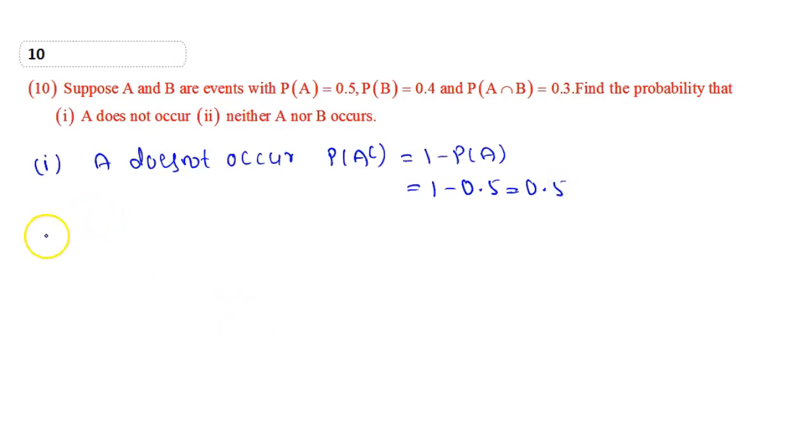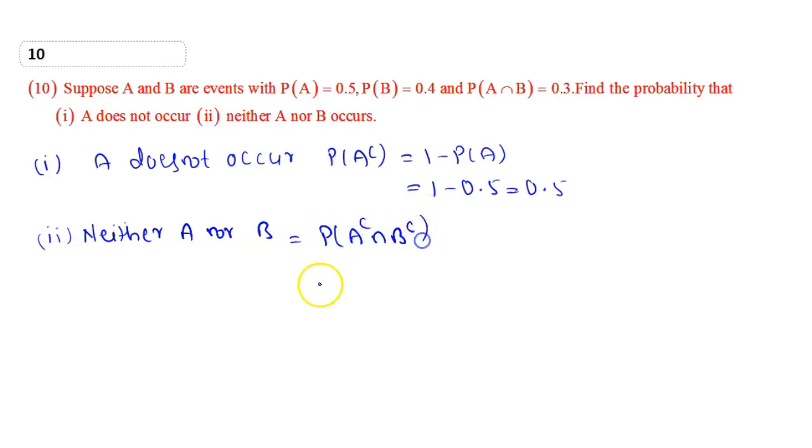And the second condition is, in the sense, neither A nor B occurs. Neither A nor B, in the sense P of A complement intersection B complement.